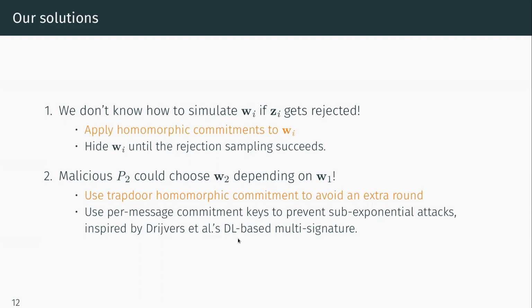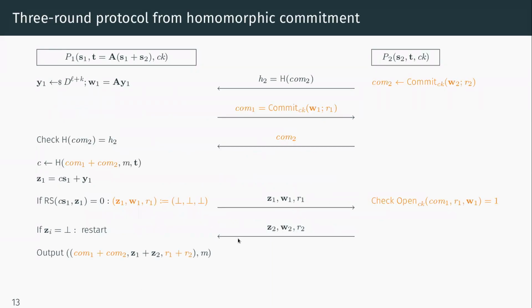Okay, so now let's take a look at the secure 3-round protocol that uses the homomorphic commitment. This is relatively straightforward. Here, those highlighted operations are the differences from the 2-round bare-bone protocol.